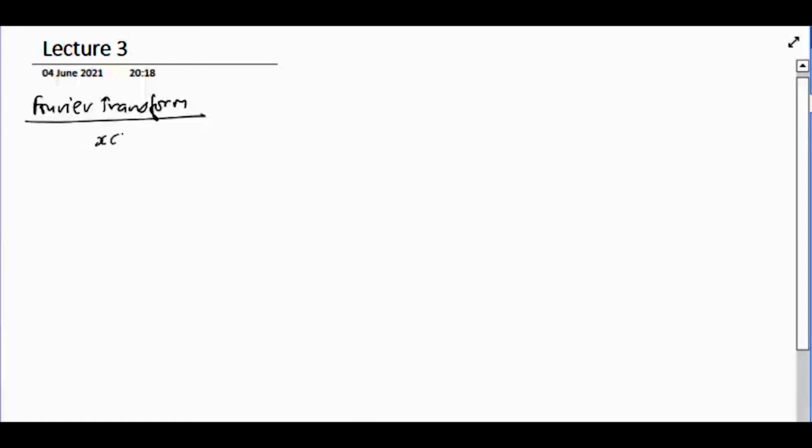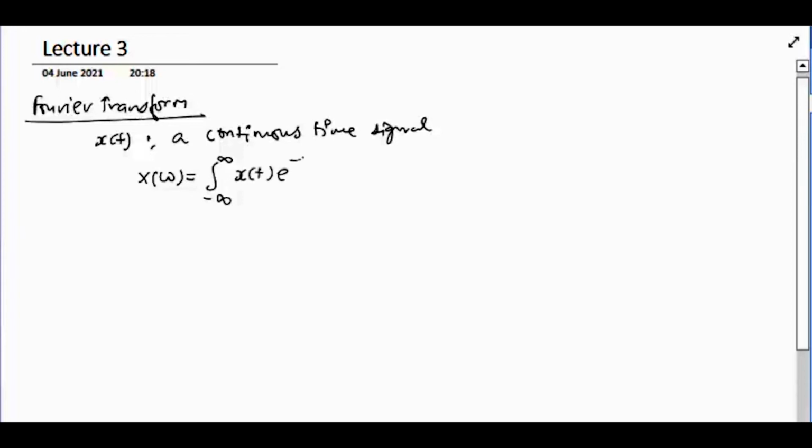Fourier transform of a continuous time signal x(t) is defined as follows. Its Fourier transform, which we denote by X(omega), is defined as the integral from minus infinity to infinity of x(t) e raised to minus j omega t dt.